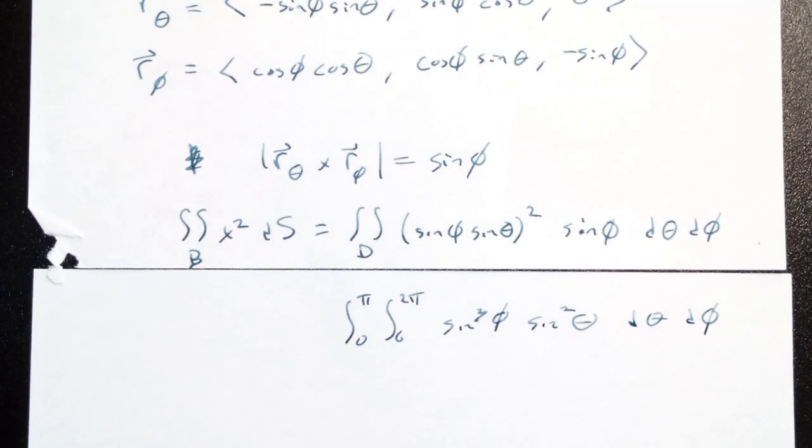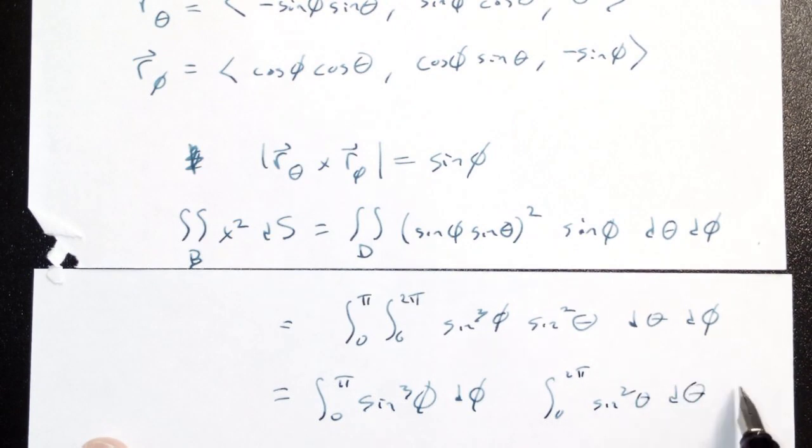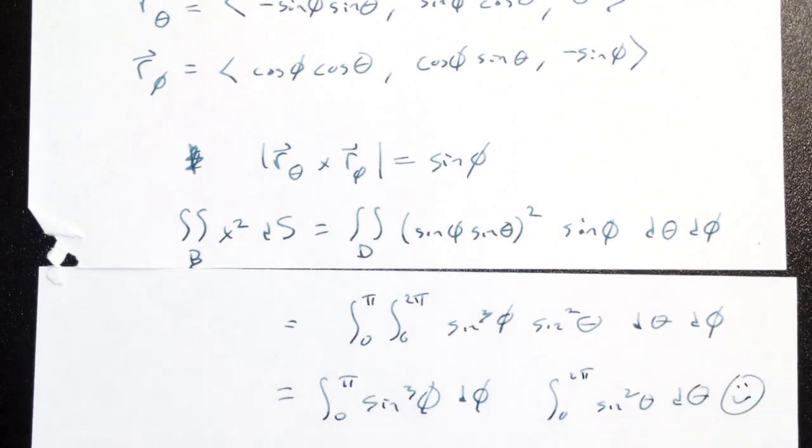And all I have to do is separate that and do 2 trig integrals. The integral from 0 to pi of sine cubed phi d phi times the integral from 0 to 2 pi of sine squared theta d theta. And I know how to do these integrals. I'm not happy because they're ugly integrals in trig, but I will learn to live with that.